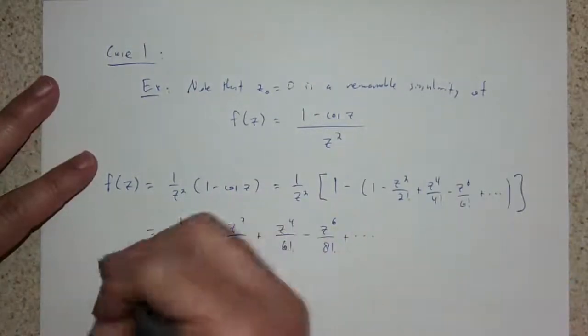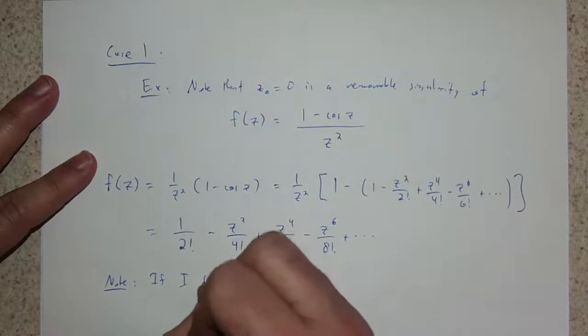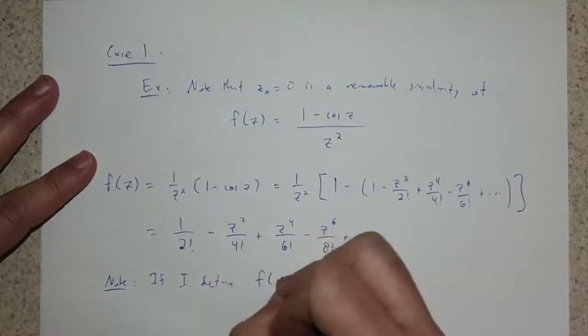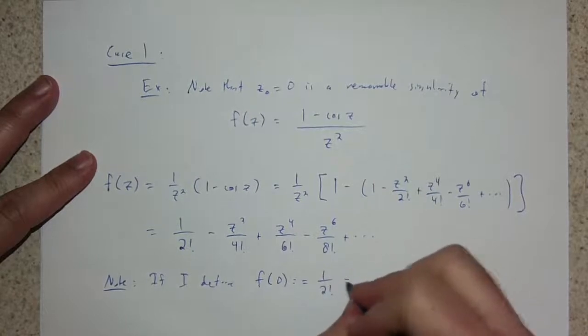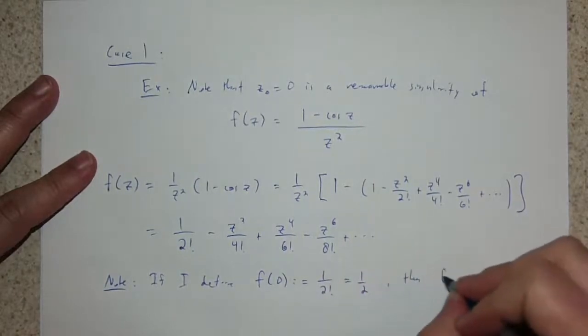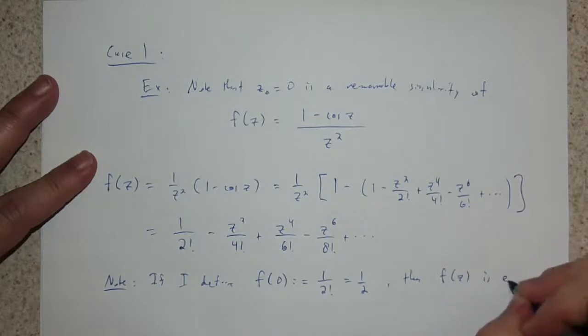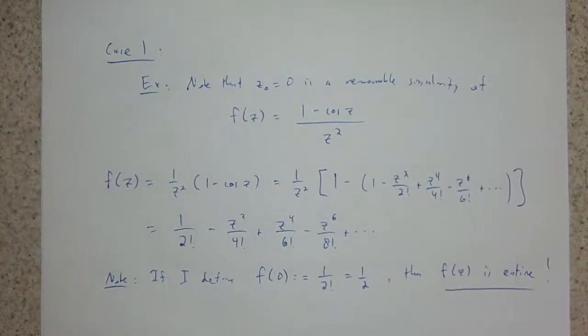So note, if I define f of 0 to be 1 over 2 factorial, that is 1/2, then f of z is actually entire. It's actually analytic everywhere.